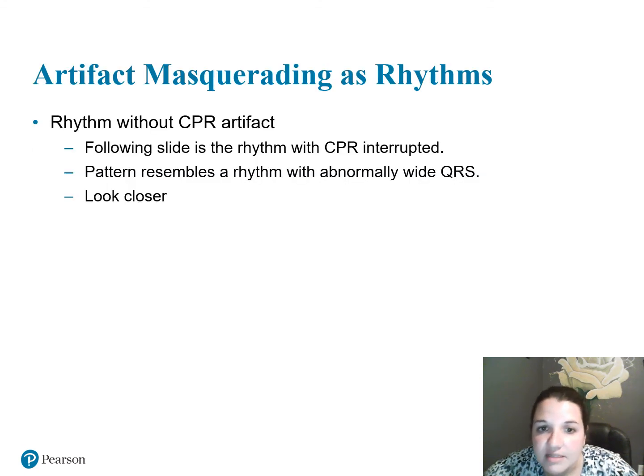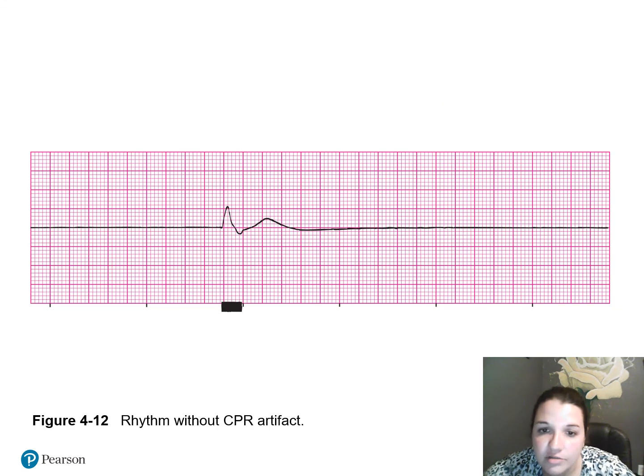The rhythm without a CPR artifact on the following slide is a rhythm when CPR was interrupted. The pattern resembles a rhythm with an abnormally wide QRS. Look closer. This is a rhythm without a CPR artifact.